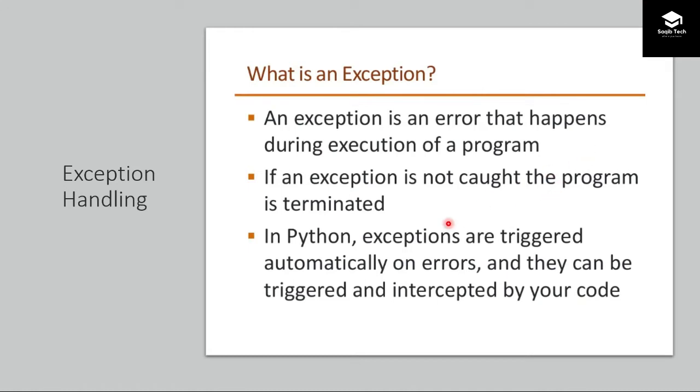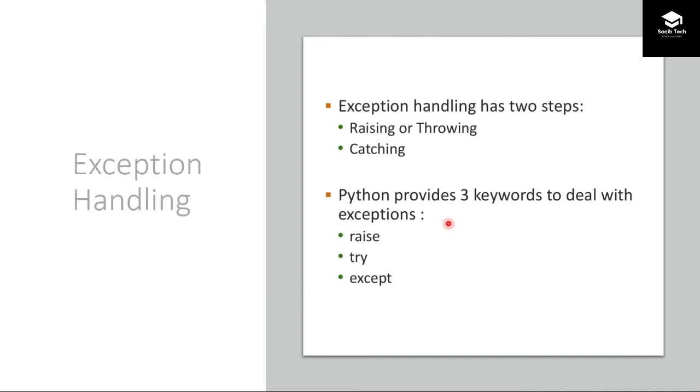Whenever a program gets an error, it automatically terminates the execution and our program gets stuck in that exception. So it is best practice, and it must be used in our program, to handle exceptions, otherwise our program will not be good. Okay, so exception handling has two steps.